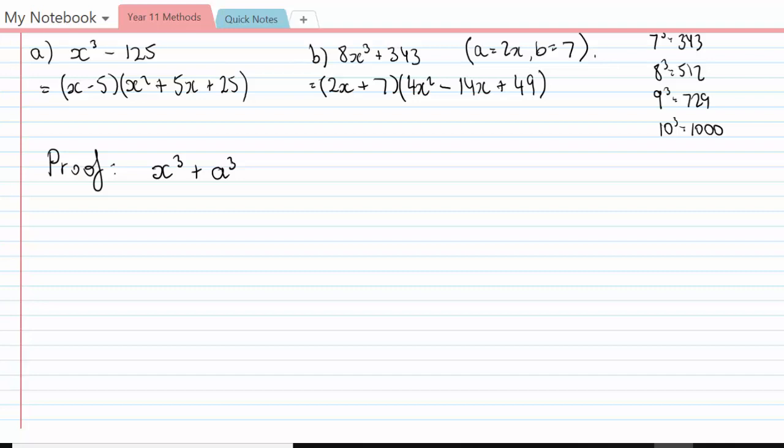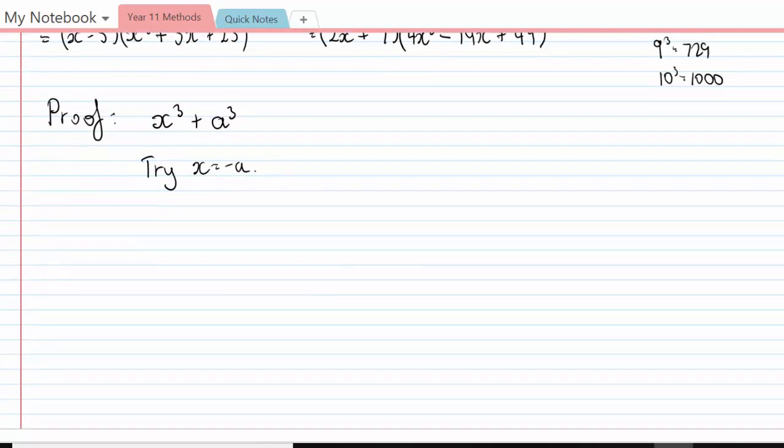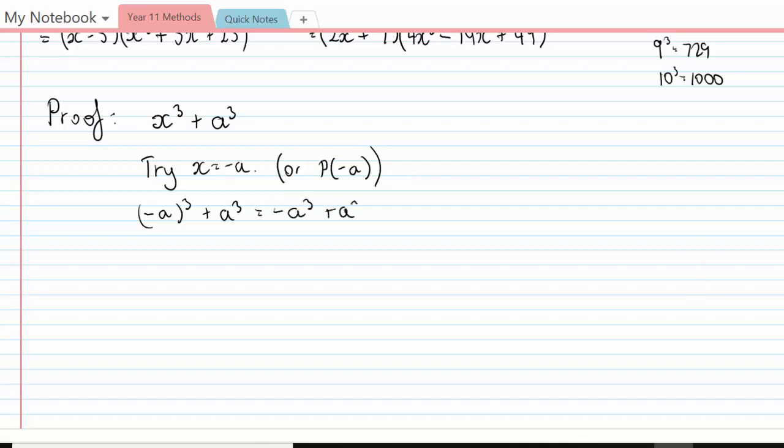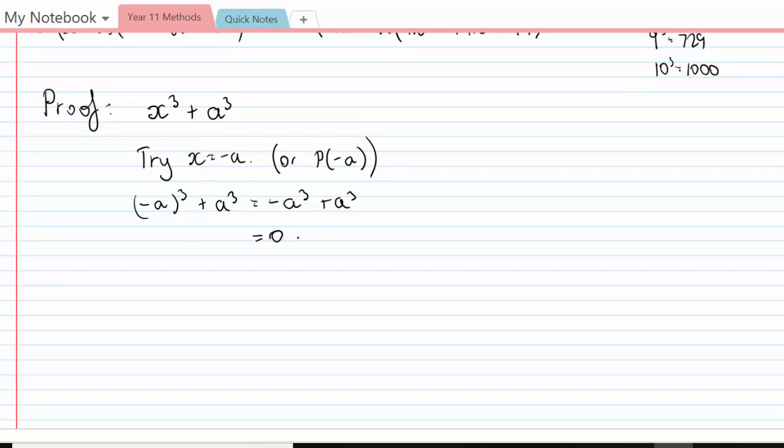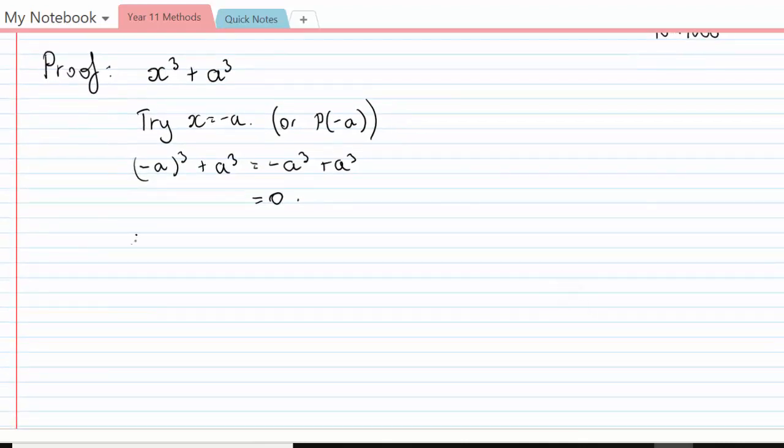We're guessing a value for x, and I'm going to guess negative a. When I substitute that in, I get negative a all cubed plus a cubed, which makes negative a cubed plus a cubed, which equals 0. Because the negative a worked, therefore x plus a must be a factor.